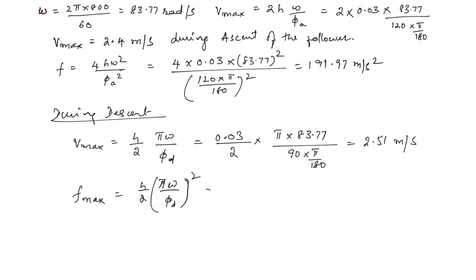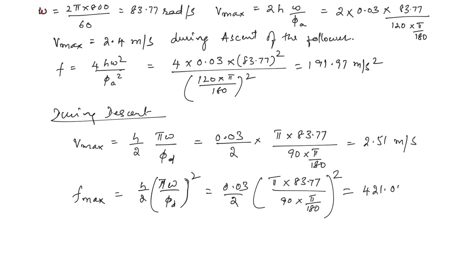That is equal to 0.03 by 2 into pi into 83.77 by 90 into pi by 180 whole square, and this will be equal to 421.04 meters per second square. So that is the acceleration during descent.